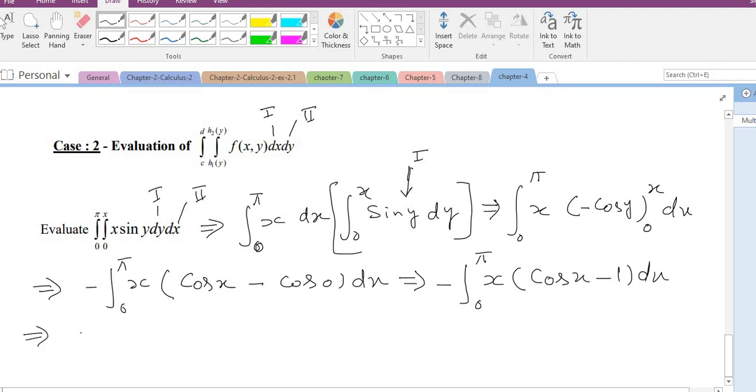When you multiply this with this one, it becomes minus integral 0 to pi x cosine of x dx, minus, see that, minus multiplied by minus is plus, integral 0 to pi x dx.